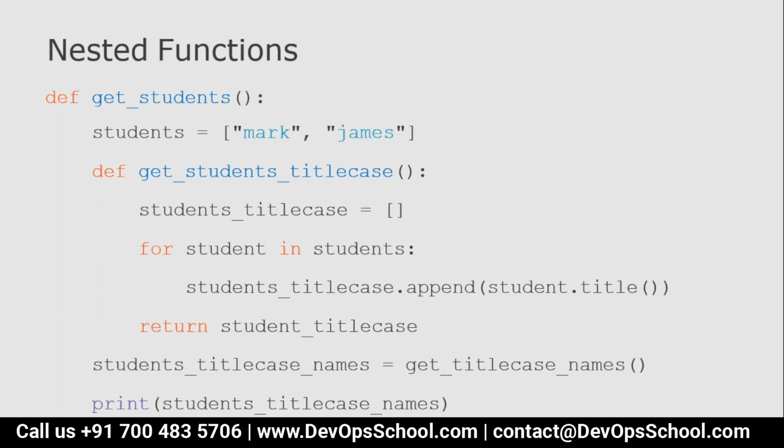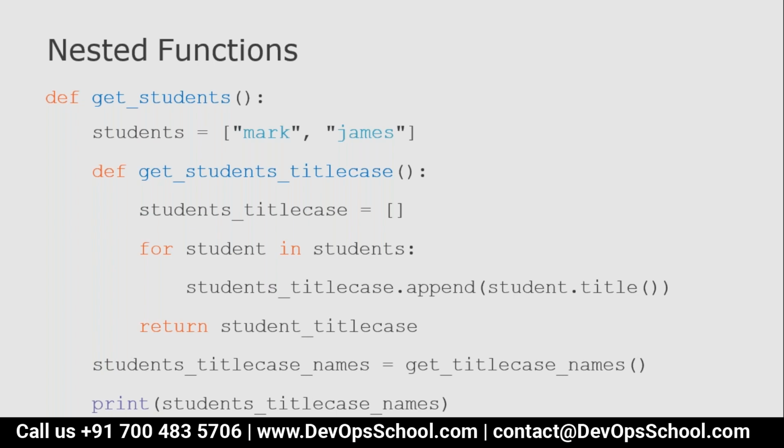Return is important. So def defines something. What is that? Get student title cases, and then again you have a student title cases empty list. Here you have an empty list. Here what we are doing is for student in, that means whatever number of elements you have in the list called students, which is line number two, that will be set to the student variable.